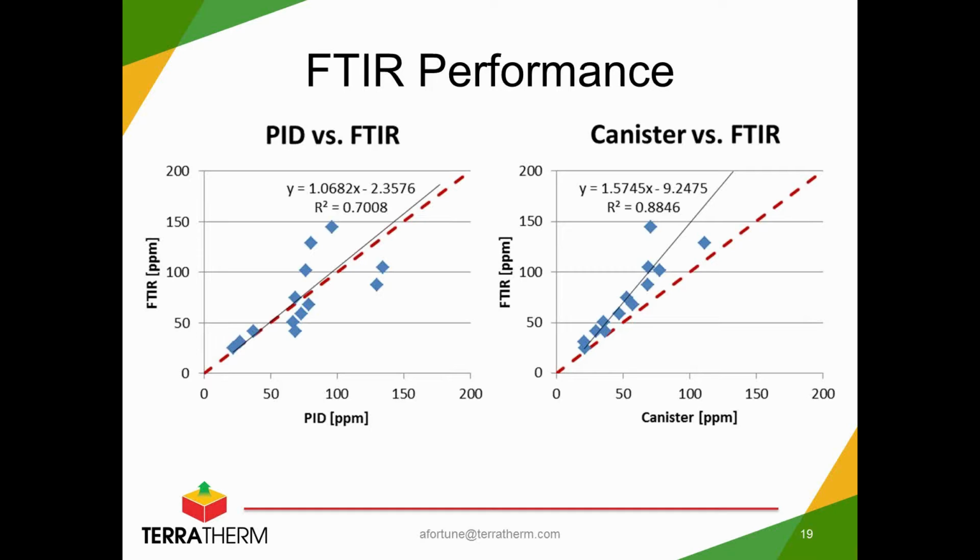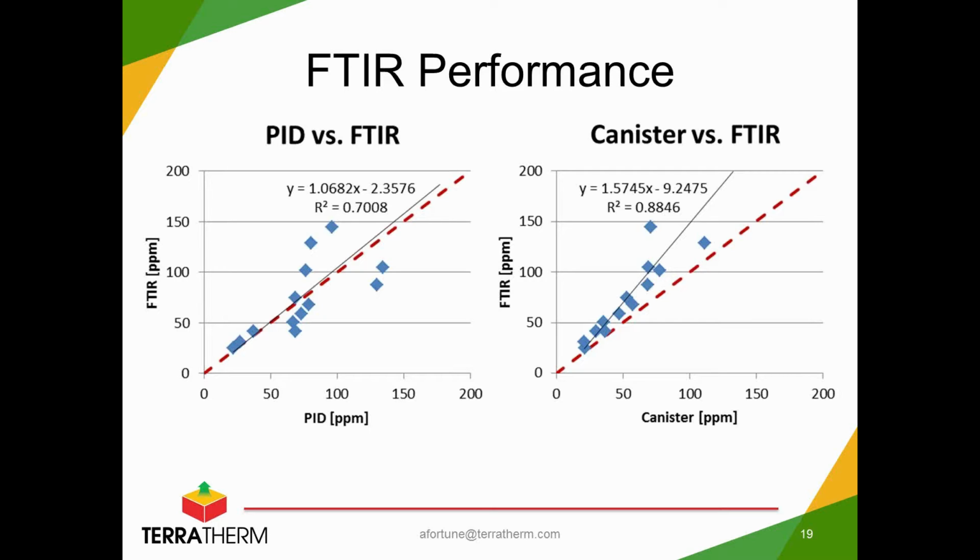So you can see for the PID versus FTIR on the left-hand side of the screen, at some lower concentrations, it lined up fairly well with one-to-one, and then as we get to higher concentrations, there's a little bit more spread. I generally attribute that to the inconsistency of the PID readings.